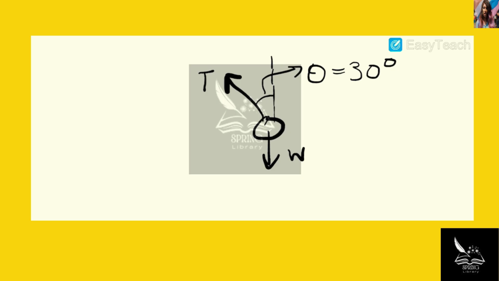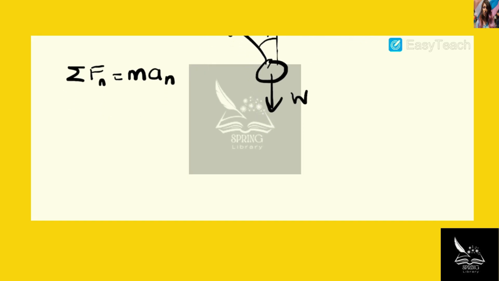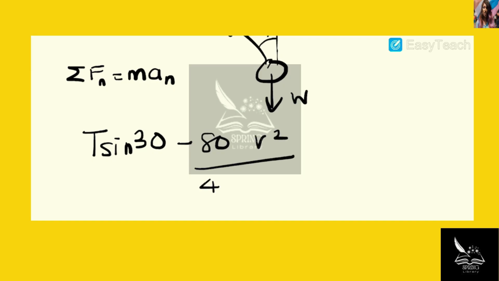So by taking Newton's second law in the normal direction, we see that the net force in n is equal to m times acceleration in the normal direction, which is equal to T sine theta, which is 30, minus 80 times v squared all over 4 plus 6 sine theta.